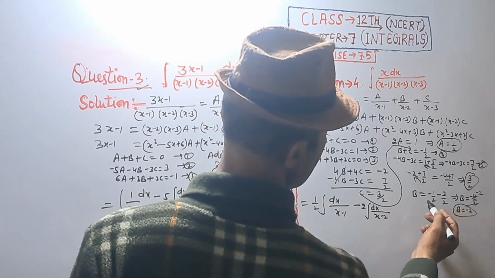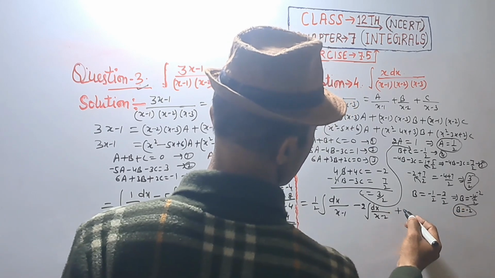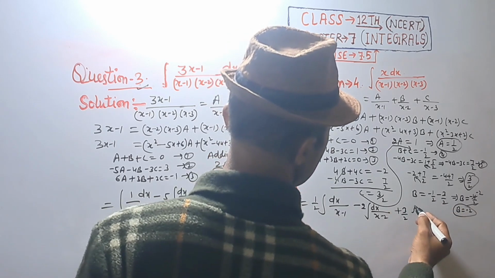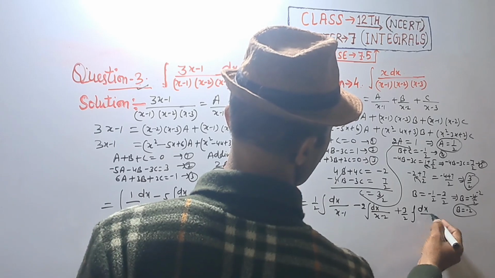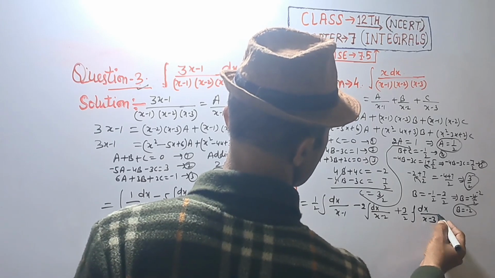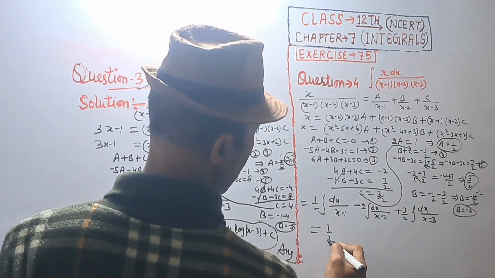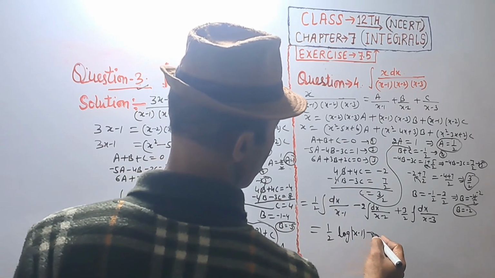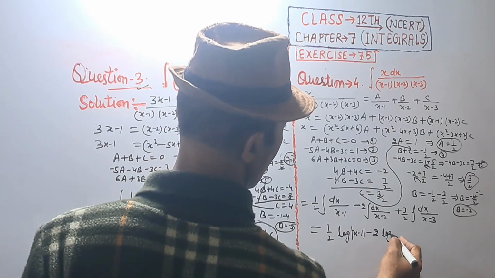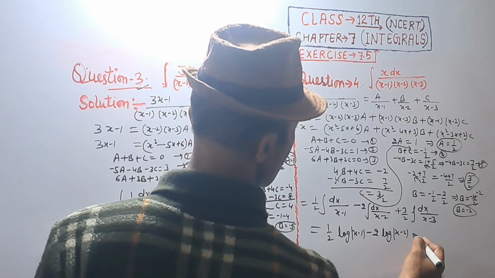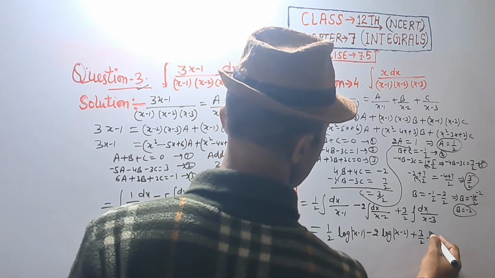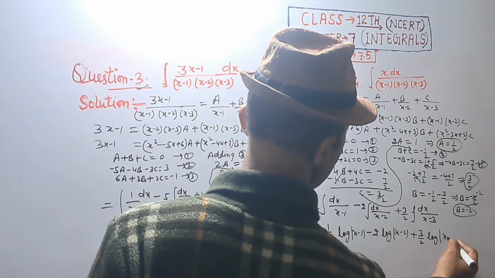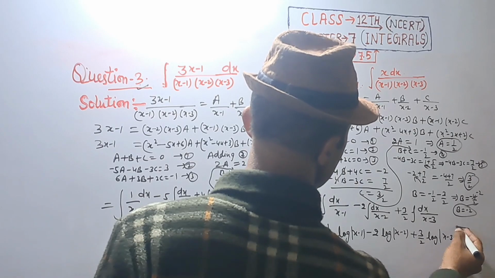And the value of C is 3 upon 2, integration of dx upon x minus 3. So 1 by 2 log of (x minus 1) minus 2 times log of (x minus 2) plus 3 upon 2 times log of (x minus 3) plus constant C.